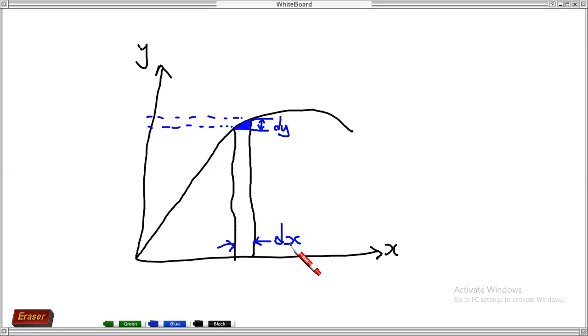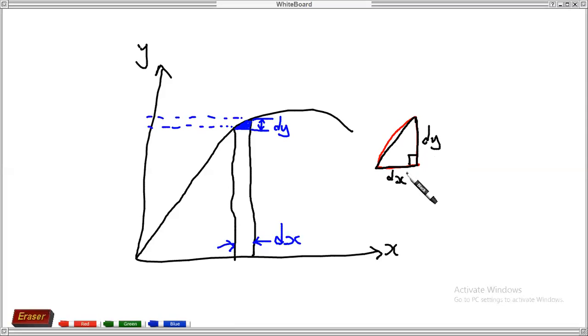So basically what we have is a shape that looks a bit like that. If you look at it well, it looks like a triangle, but there's a small portion which is like an arc at the corner there. So it's a triangle which has dx at the bottom and dy on this side.